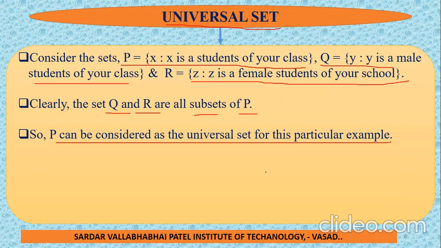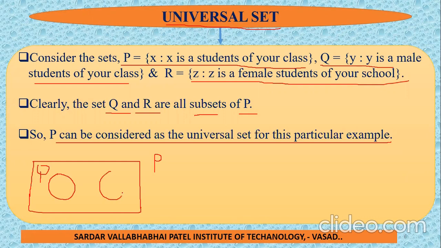So this is your class, and this is the set of all students in your class. Now this is the set of male students, and this is the set of female students. So both are subsets of P. Therefore P is a universal set for this particular example.